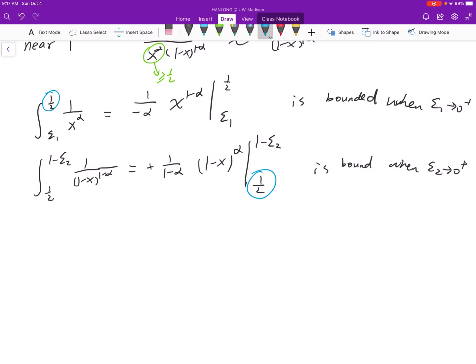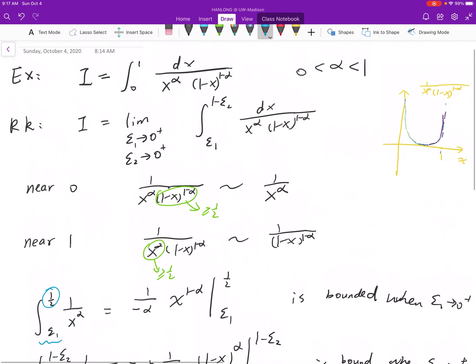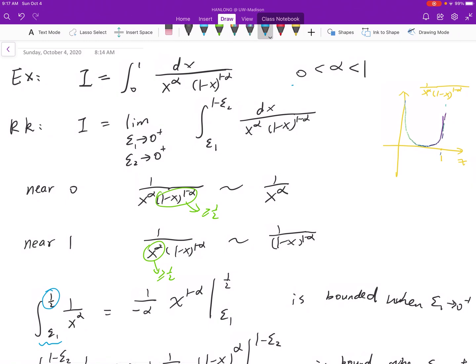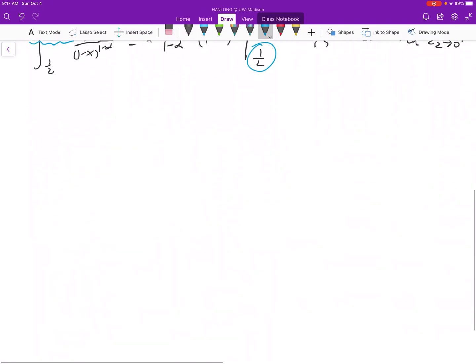The thing we need to care about is epsilon 1 and epsilon 2, because you need to take a limit. You have infinitely many numbers to bound, so it's not always constant. But in our case, since we assume alpha is between 0 and 1, the integral is well defined.